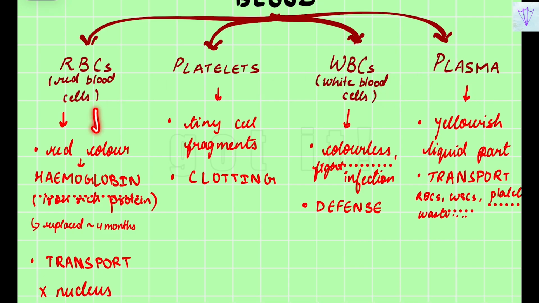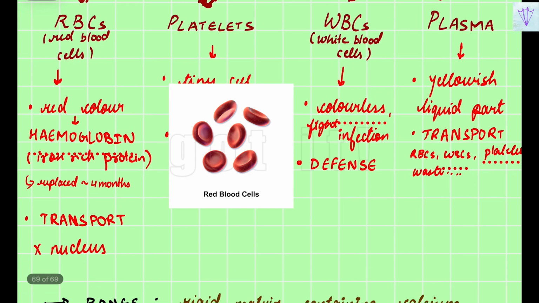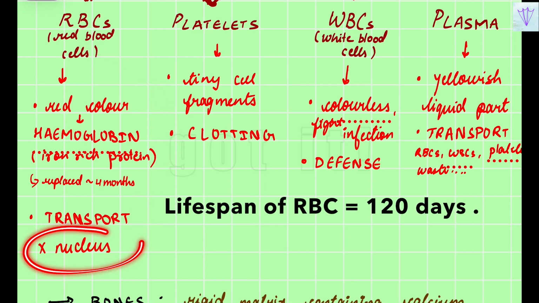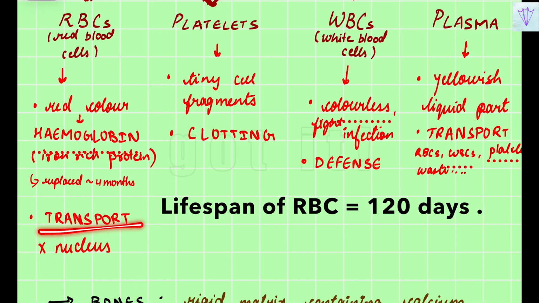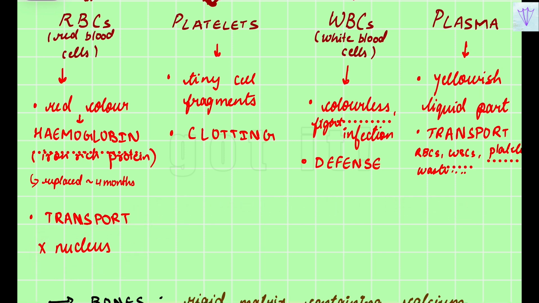So RBC, red blood cell, which is rich in hemoglobin, which is an iron-rich protein, and it is replaced for every 4 months, and it is used in the transport purposes, and it will lack the nucleus. So it is used in the transport of oxygen. So this will lack the nucleus because it can accommodate more amount of oxygen so that it can transport.